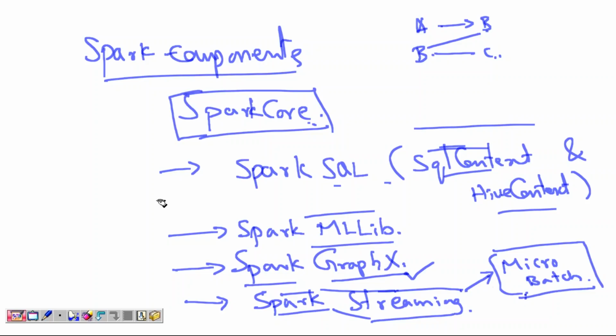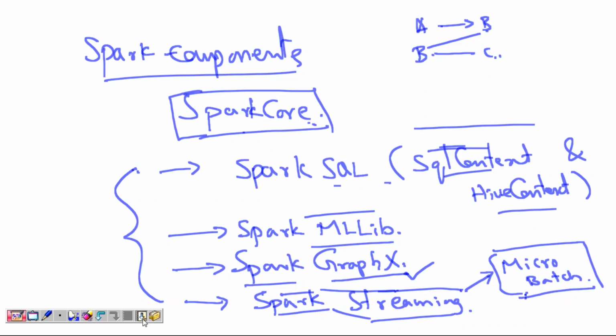All the secondary four components will run on top of Spark Core. Again, this Spark Core interacts with a cluster. The cluster can be Hadoop, Mesos, or AWS.